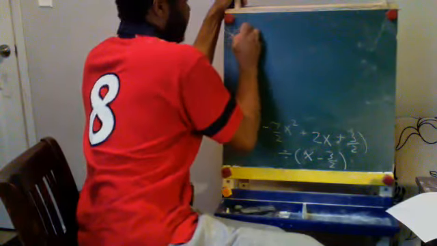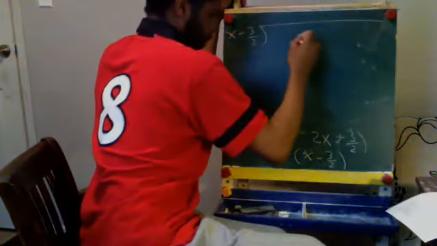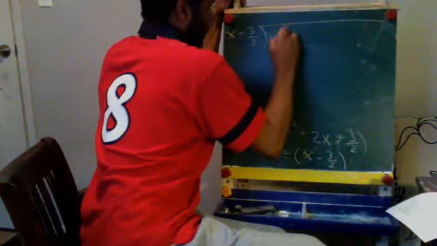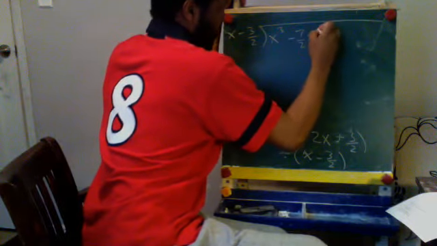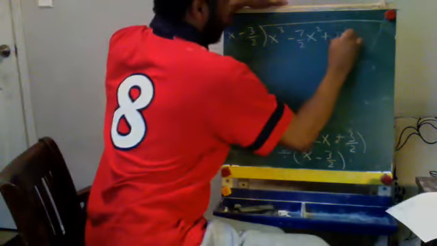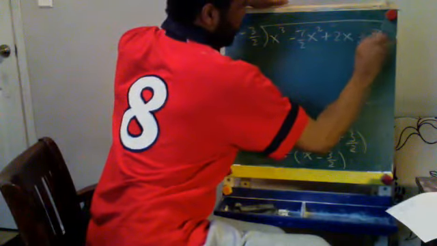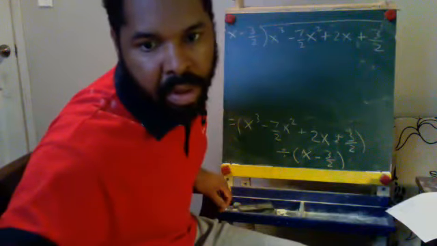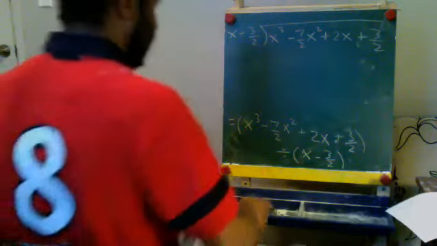So I'll have x minus 3 over 2, we're dividing that into x cubed minus 7 over 2 x squared plus 2x plus 3 over 2. All right, so pause that. Now we have all the terms we need.